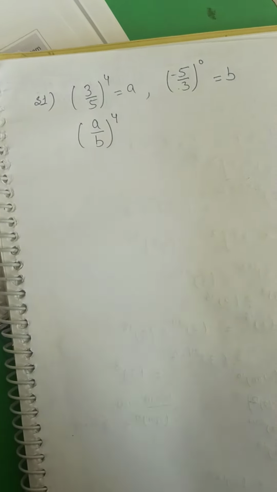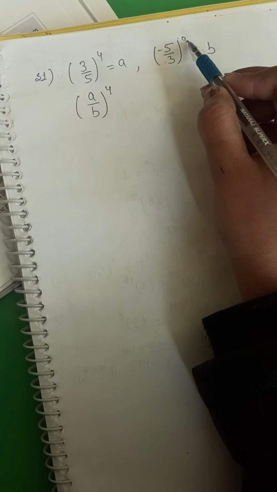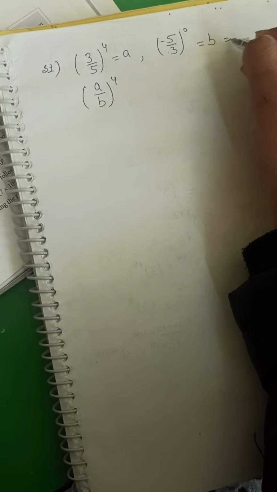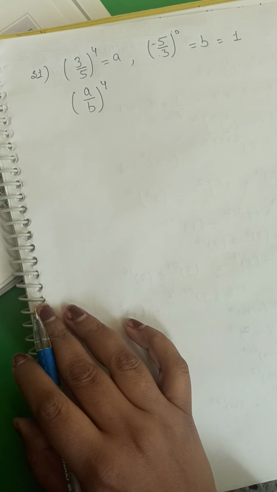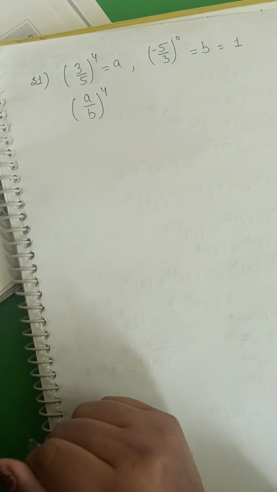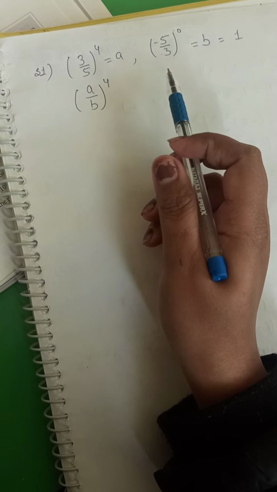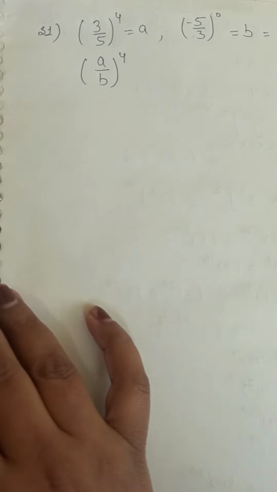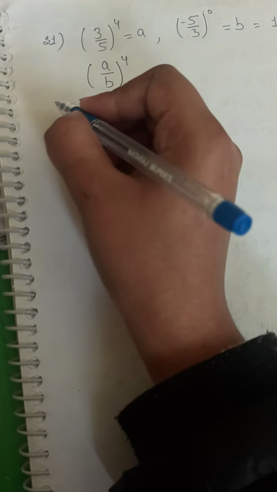So first of all, see students, the power here is given as 0. It means the value of B is equal to 1. Right? Clear this one?